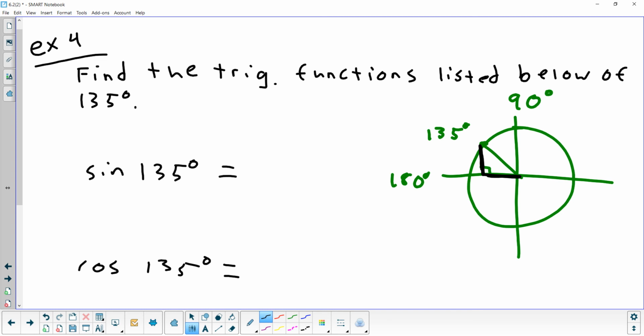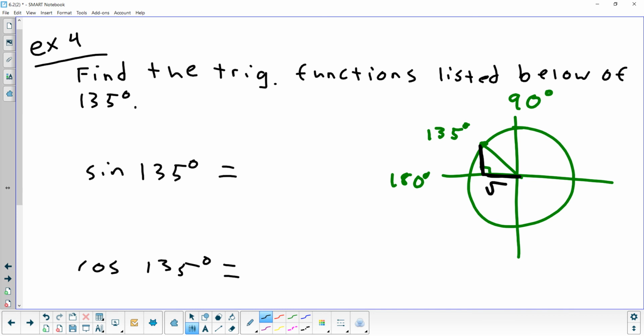How long is each side when you're dealing with a 45-degree triangle? A 45-45-90 triangle. And don't worry about the coordinate, like positive and negative, yet. Just the length of each side, so? Square root 2 over 2.